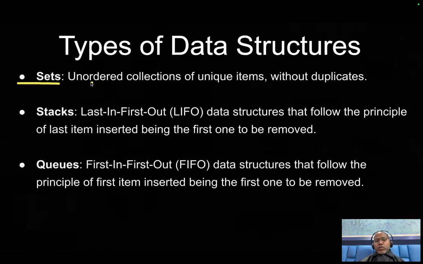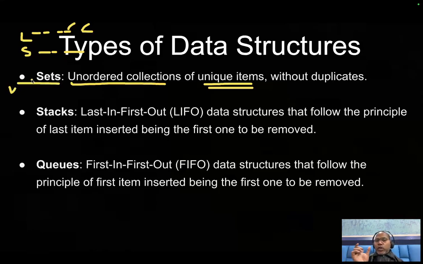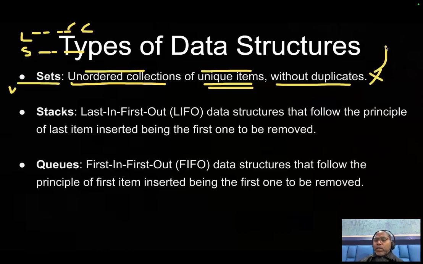The set is also an unordered collection of unique items. With a list, values can be duplicated. Sometimes you want your data to be unique items, and in that scenario you can use a set. The set allows an unordered collection of unique items, which means duplicates are not allowed, whereas lists and tuples allow duplicates.